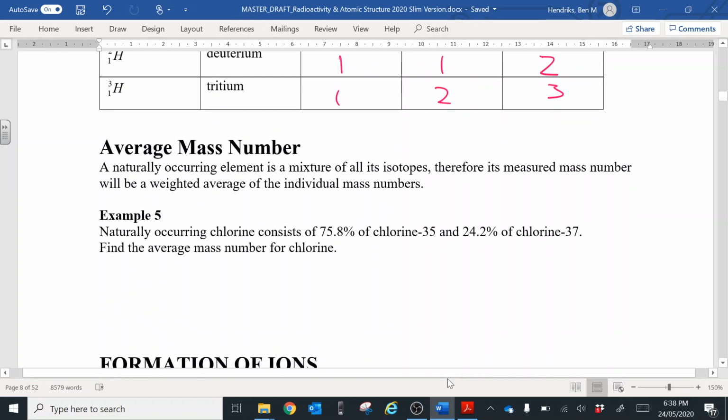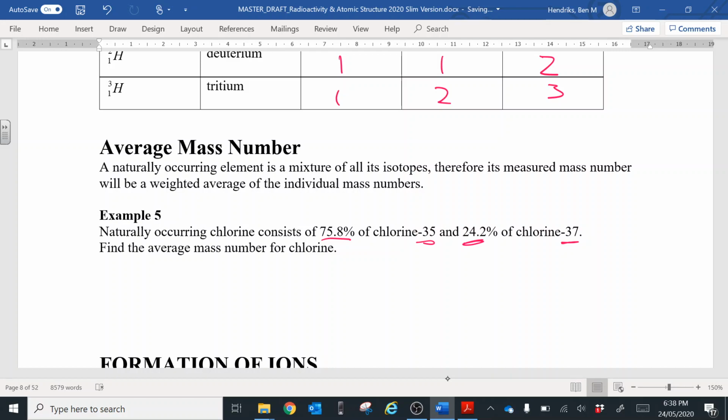So the example here is that naturally occurring chlorine consists of 75.8% chlorine 35 and 24.2% chlorine 37. So the two isotopes differ by 2 neutrons. Find the average mass number.